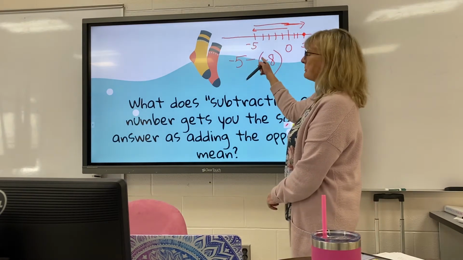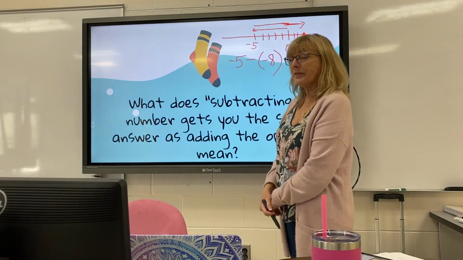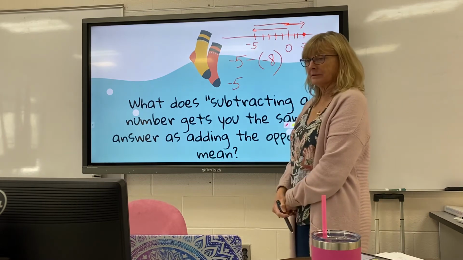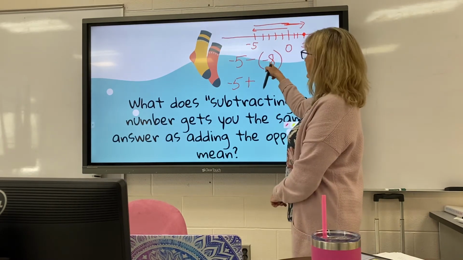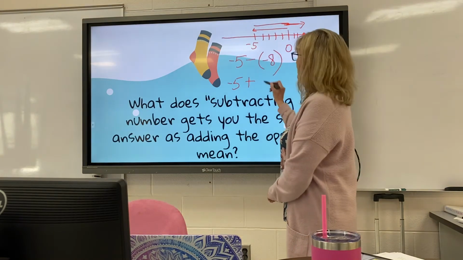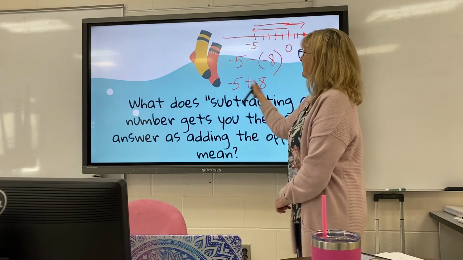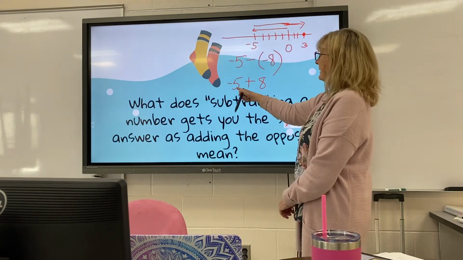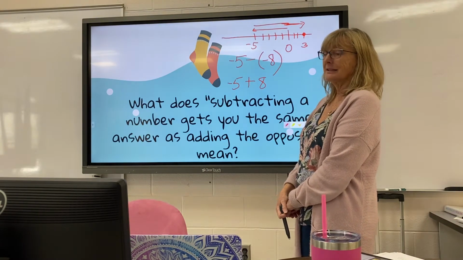Okay, so subtracting is the same thing as adding the opposite. So I'm going to take that -5 and bring it down. I'm going to turn this into addition, and then I'm going to take the opposite of -8, which is +8. Positive 8. Is this right here what you see right up here? -5 plus 8. Is that what you see? Yes. Yes.